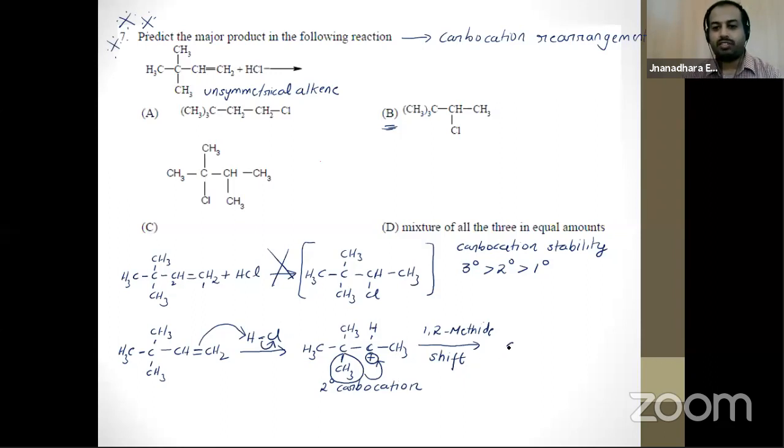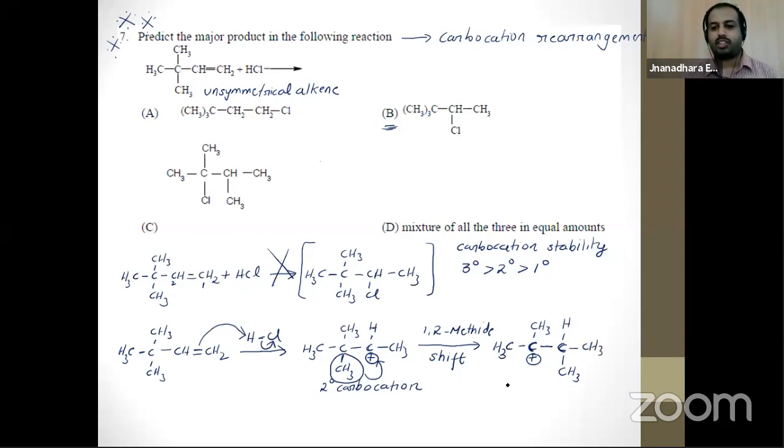So what's the consequence of this? You get CH3, carbon, CH3. Now this carbon, please focus on the pointer there, has lost its electron, therefore it gets a positive charge. And the adjacent carbon, which originally had the positive charge, will now be attached to the methyl group CH3, and you'll have H and CH3 as it is.